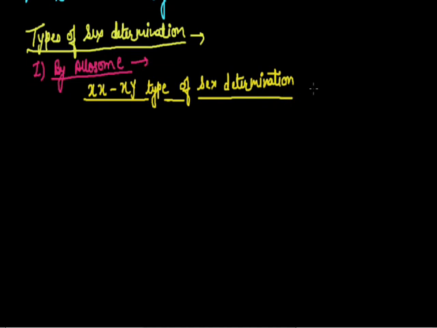This type was first of all observed by Wilson and Stevens in Lygaeus insect, so it's also known as Lygaeus type of sex determination.